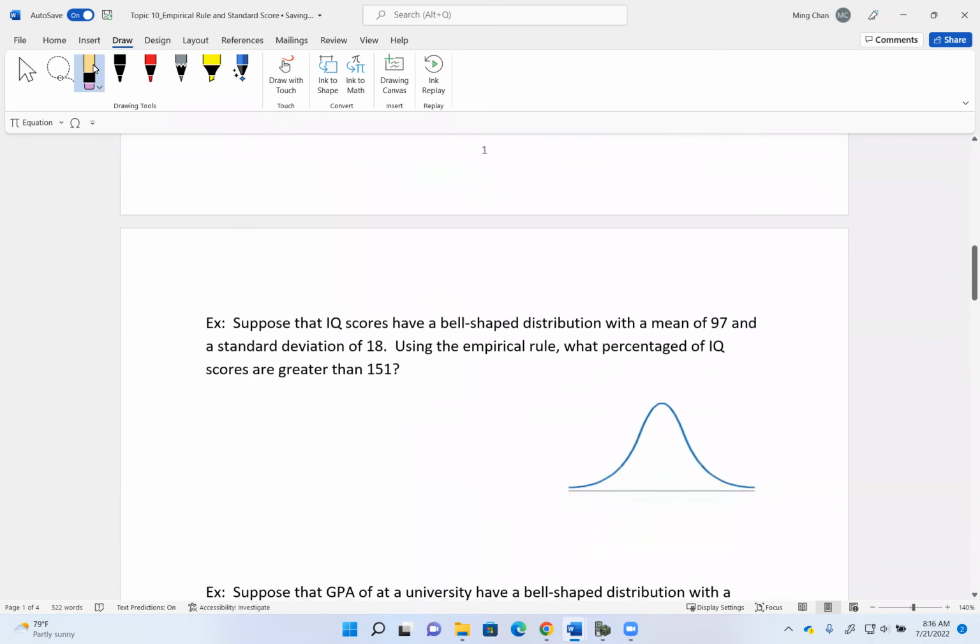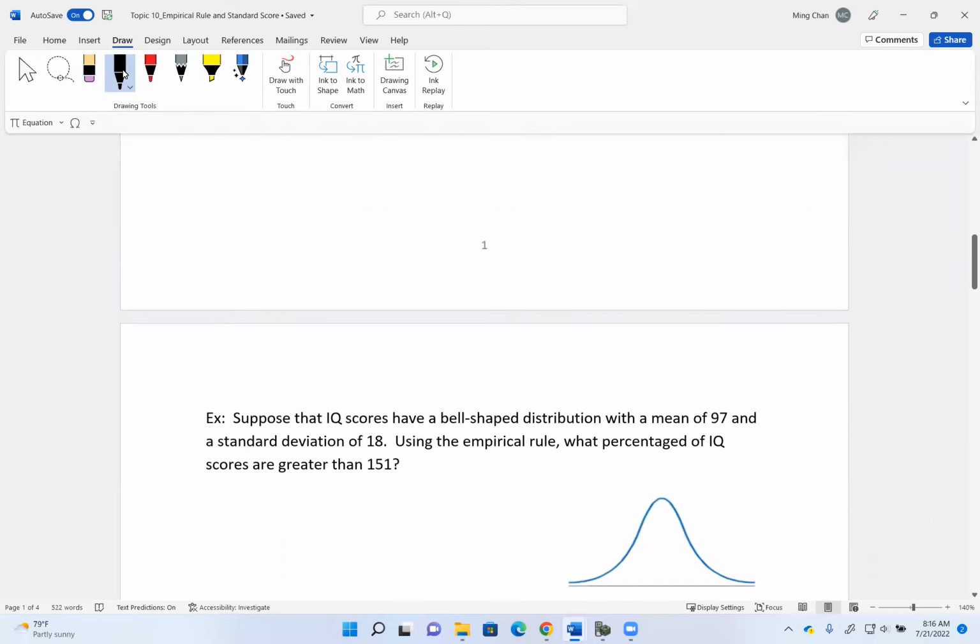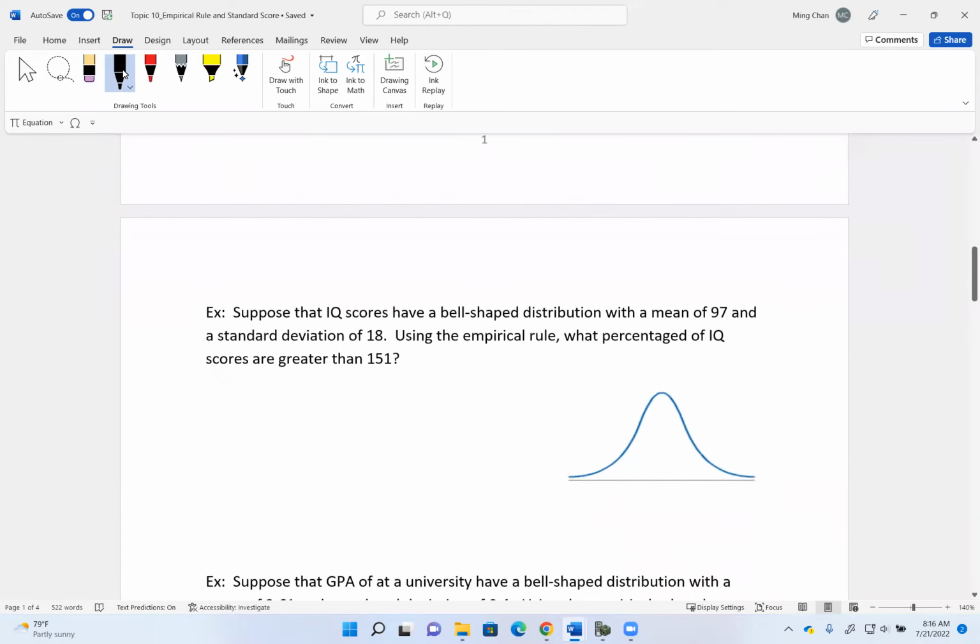All right, let's try some examples. Suppose the IQ scores have a bell-shaped distribution. We have to make sure it's a bell-shaped distribution first before we can use the empirical rule, with a mean of 97 and a standard deviation of 18. Using the empirical rule, what percentage of IQ scores are greater than 151?